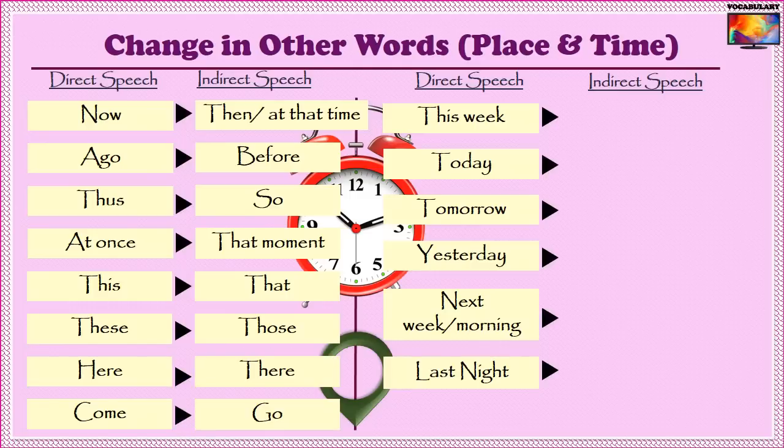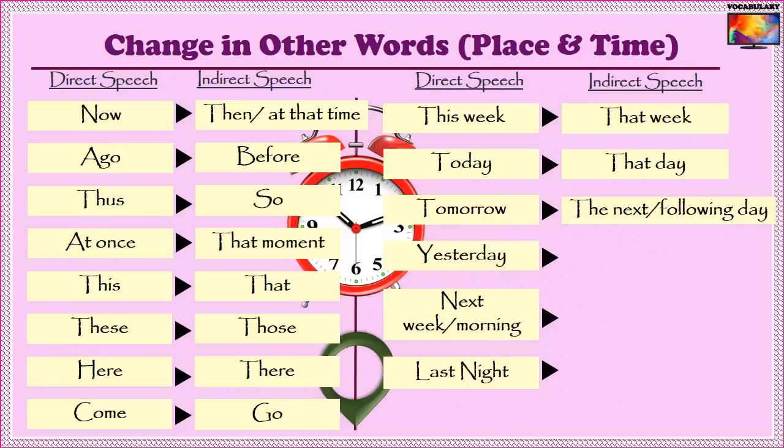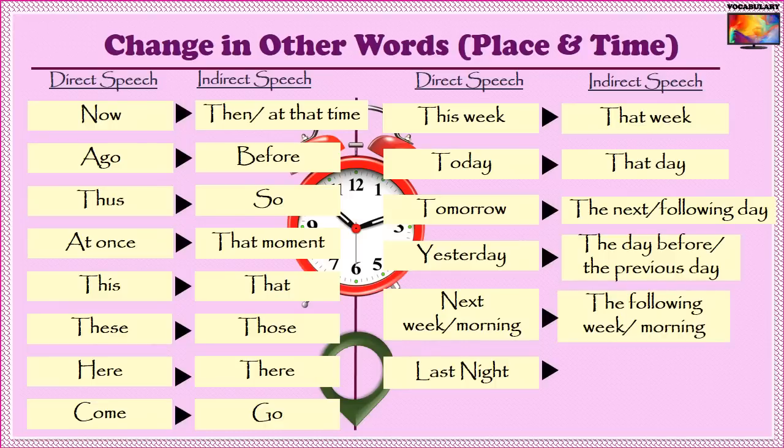This week changes to that week. Today becomes that day. Tomorrow becomes the next day or the following day. Yesterday becomes the day before or the previous day. Next week or next morning changes to the following week or the following morning, respectively. Last night becomes the night before, and so on.